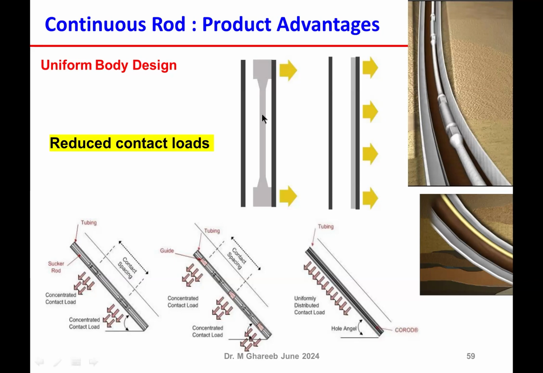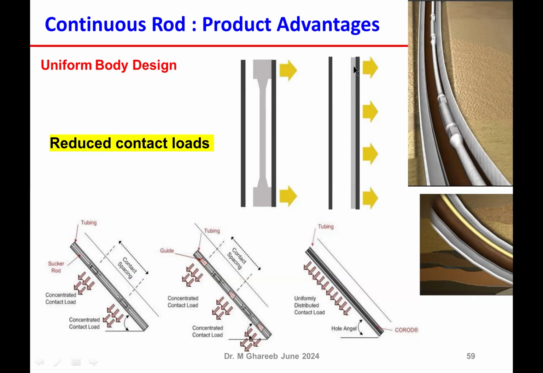If the side load is, for example, 100 pounds, then this point is subject to 50 pounds up and down as friction between rod and tubing, and the lower part is also subject to 50 pounds.